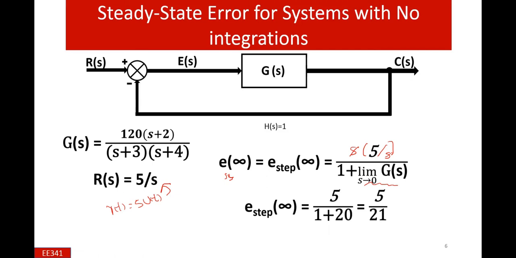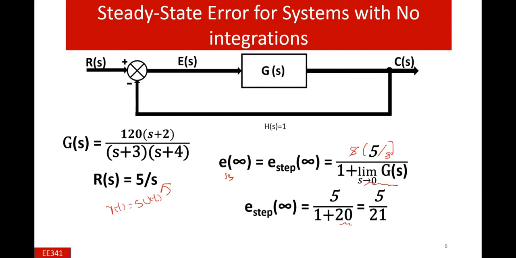So just take the value s equal to 0, and we have the open loop transfer function is 20. So finally we find 5 over 21, which is the constant error.